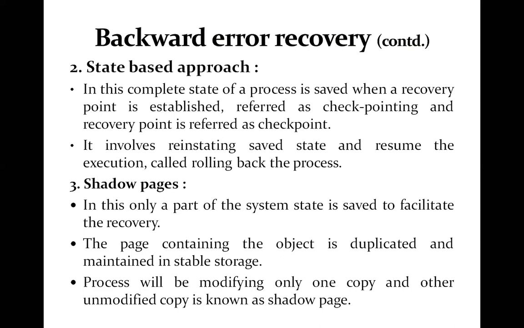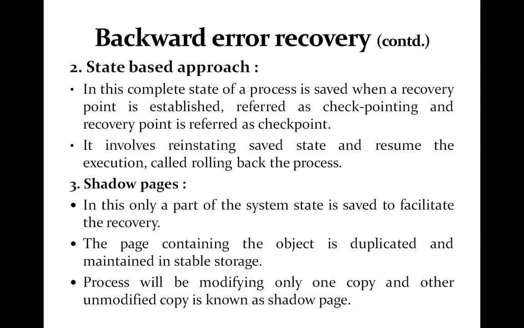So in this approach, every state of the process is saved, and some recovery points are established, so that whenever we want to recover from a failure, we have to move backward and find out the different recovery points.